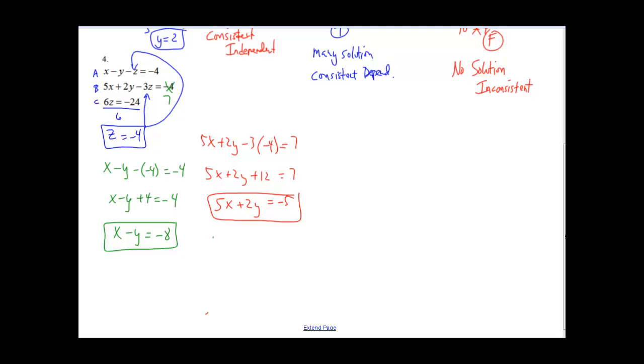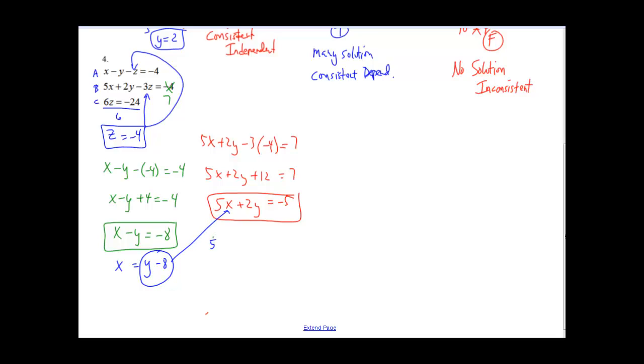Now we want to solve for one of the variables. Since the red ones have a 5 and a 2 as coefficients, and the green one only has coefficients of 1 and negative 1, let's solve for x by moving the negative y over, and we'll get x equals y minus 8. Now we want to take this y minus 8 and substitute it in over here.